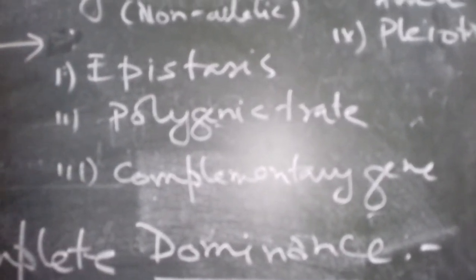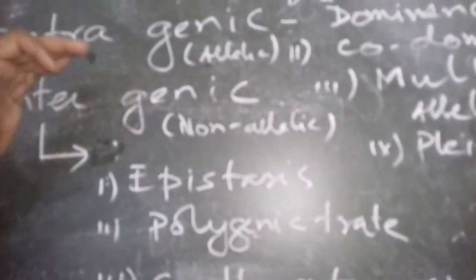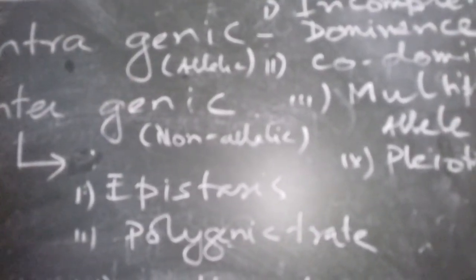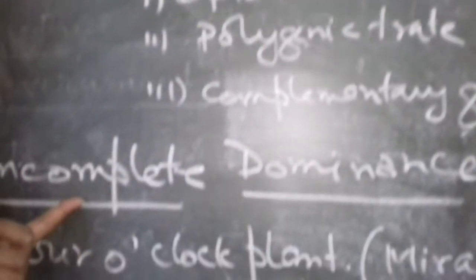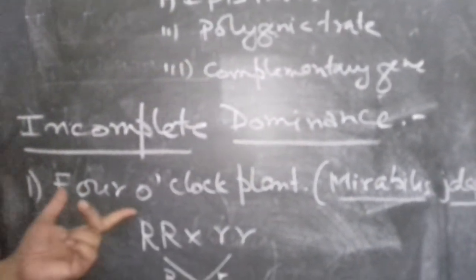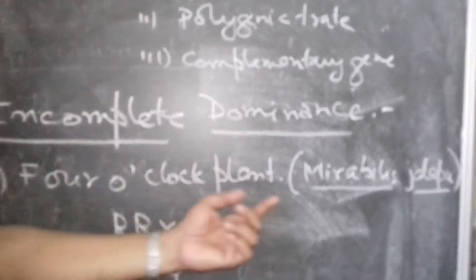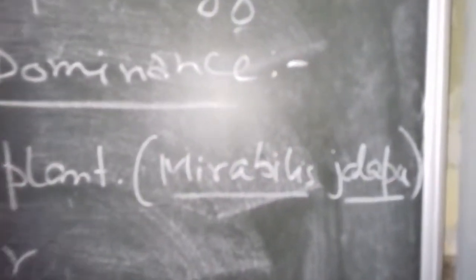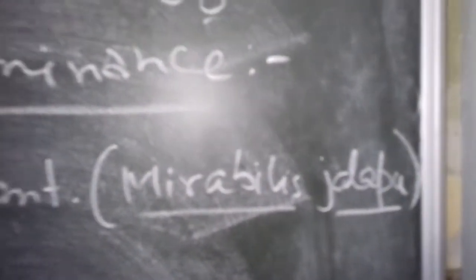Now, first we will go to one of the intragenic gene interactions, what we call incomplete dominance. In incomplete dominance, some examples are, for example, the 4 o'clock plant, which is known as Mirabilis jalapa. In the 4 o'clock plant, we have two varieties.